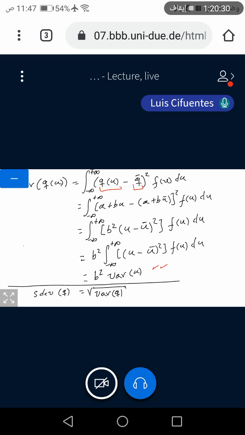This is quite easy because if this is the variance of Q, we just have to replace this value here.